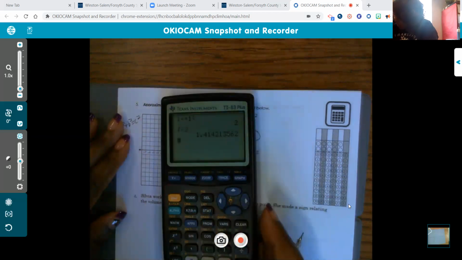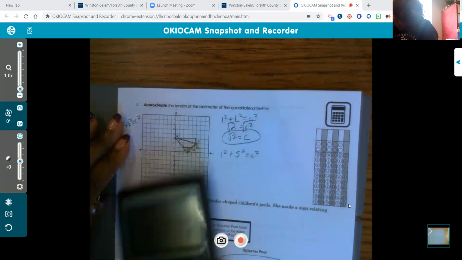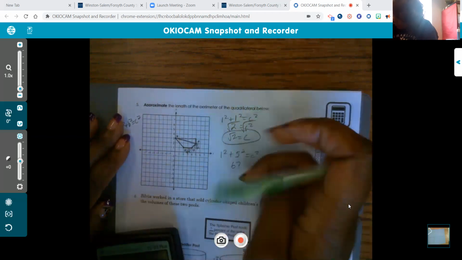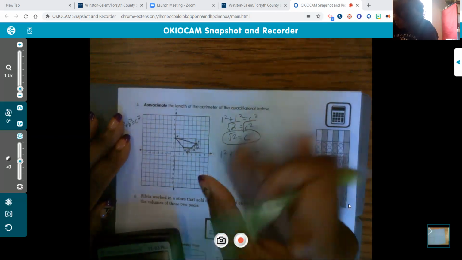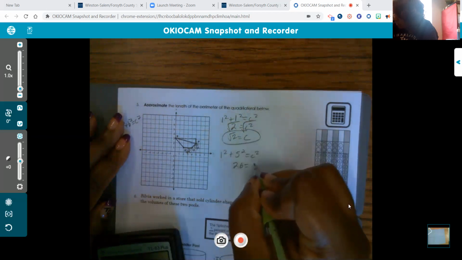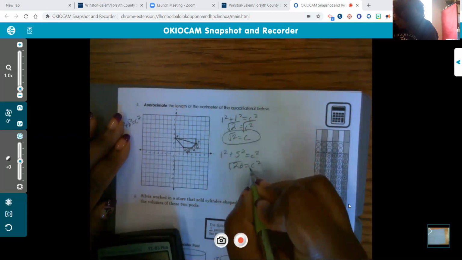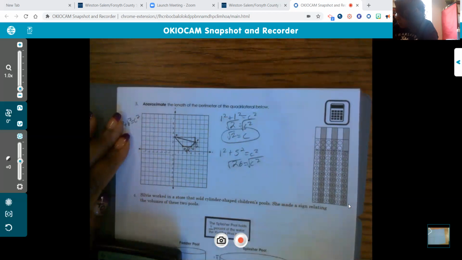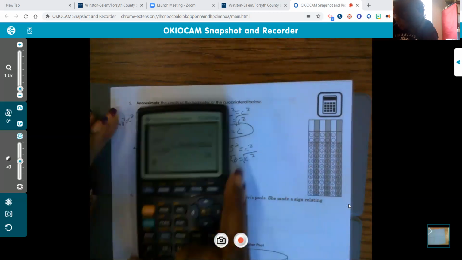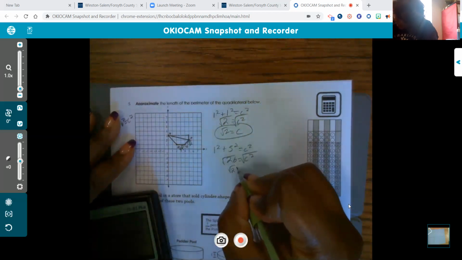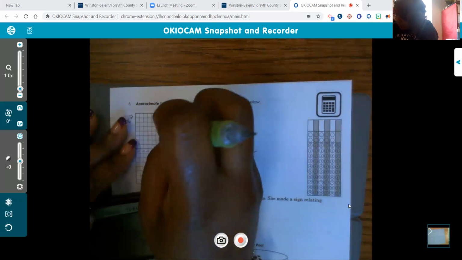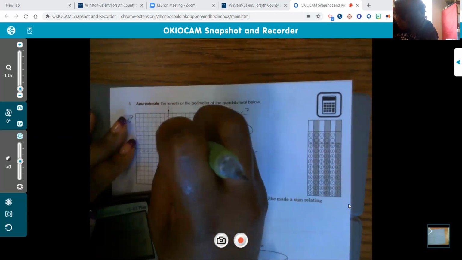So I'm going to do that again. 1 squared plus 5 squared, and that gives me 26. I've been acting dyslexic this morning. So we take the square root. I'm going to leave it at square root of 26, okay? So this side is square root of 26.